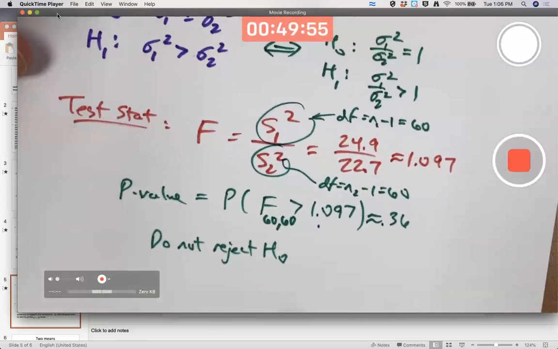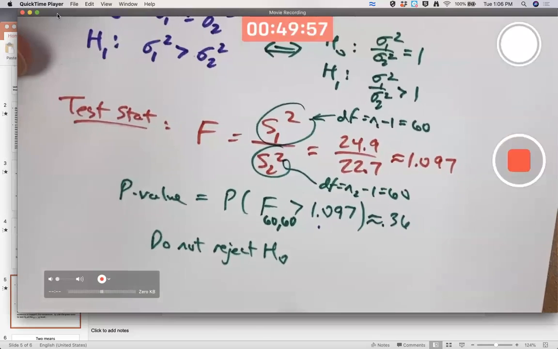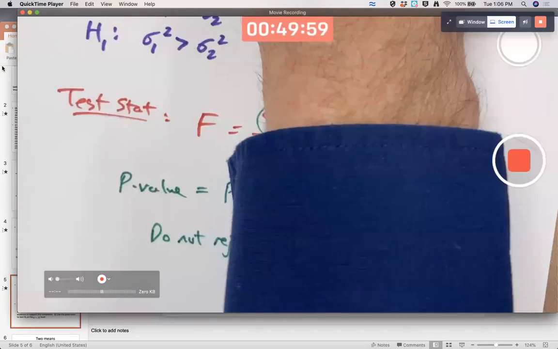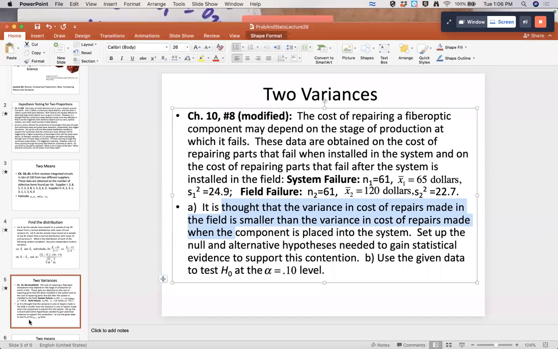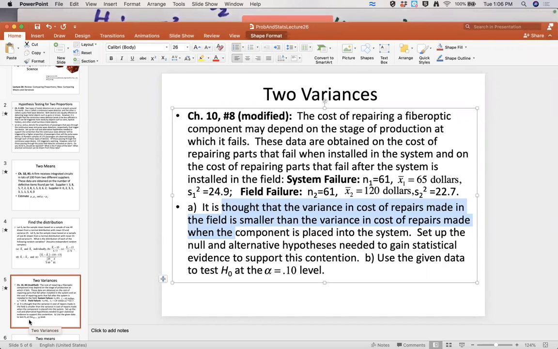But we're still learning about testing the variances here anyway. Yeah, the data to test the null at the 10% level, we've done that. We have not rejected the null. We do not have strong evidence that these variances are different.